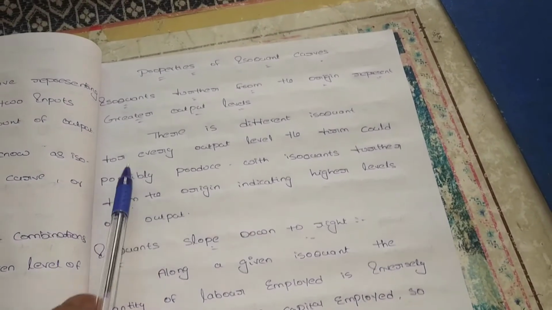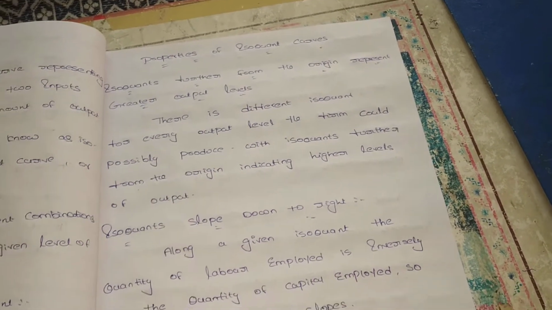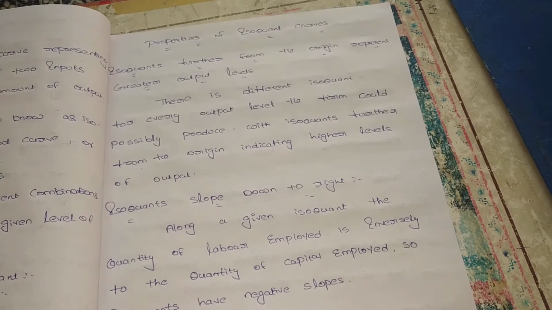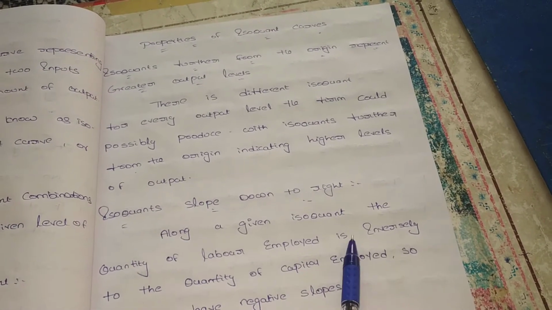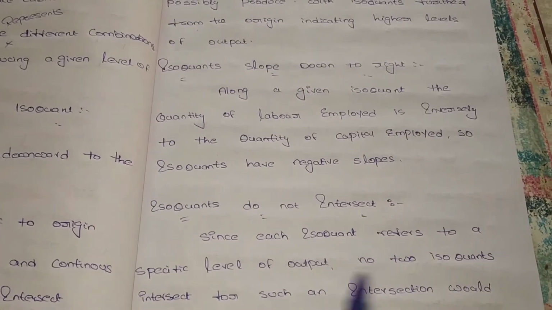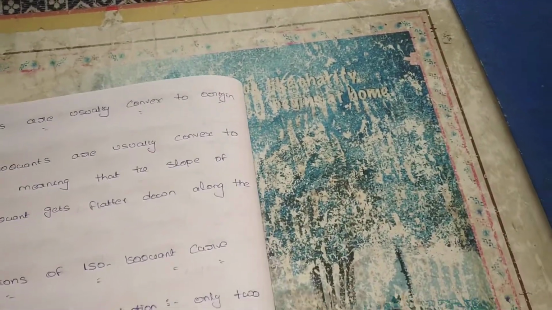Isoquants further from the origin represent greater levels of output, they are negatively sloped from left to right, isoquants do not intersect, and isoquants are convex to the origin.